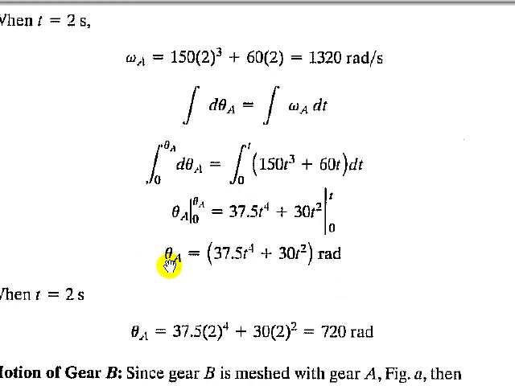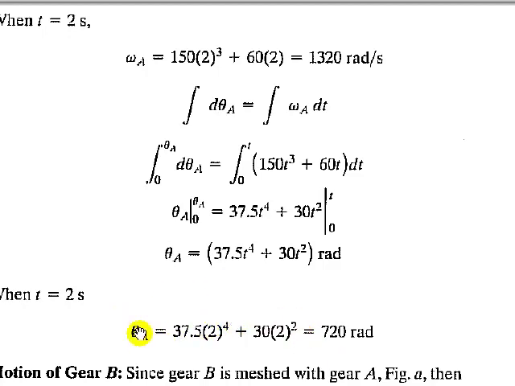Integrating both sides, we integrate the t cubed and t terms and get a t to the fourth and a t squared term for theta. Plugging in time equal 2 seconds, we then get a theta A of 720 radians.